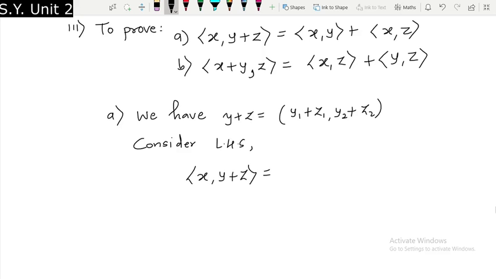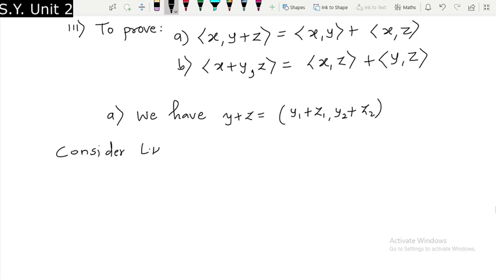In order to use it again, you are supposed to recall. Better I will write it over here. Consider my LHS, that is the inner product of x with y plus z, which is equal to what? This is the question. So we are supposed to recall the inner product of x with y. Just I will write it here for the understanding purpose.